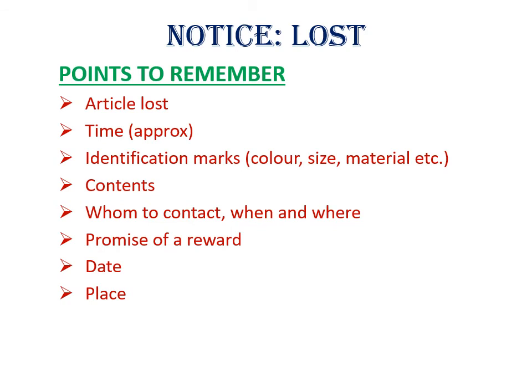Next type of notice is a lost notice, where we write about any article which is lost, and when we are writing such notices we should mention the name of the lost article, the time at which it is lost, some identification marks, other content, then whom the person should contact, when and where.